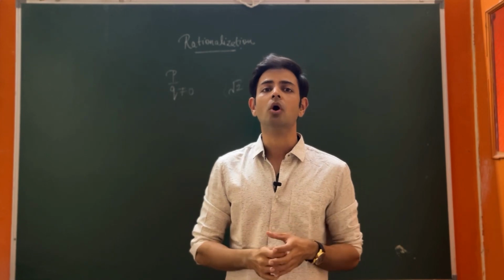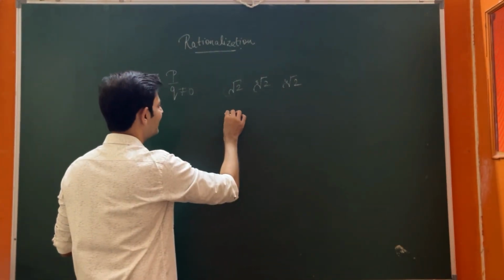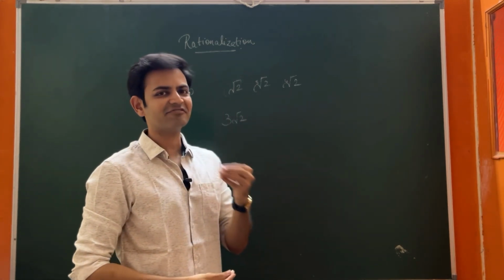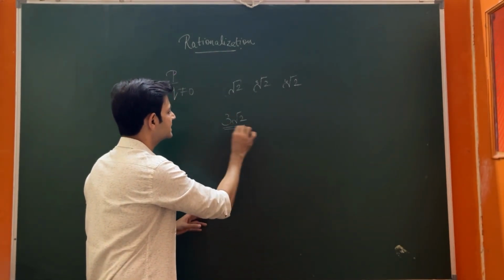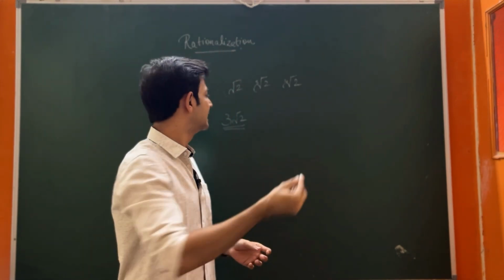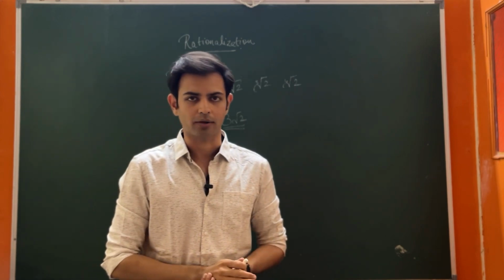Now there is a term called rationalizing factor. For example, if I have something like 3 root 2, the rationalizing factor is that number which, when multiplied to this number, will give me a rational number. That means this root will not be there anymore.